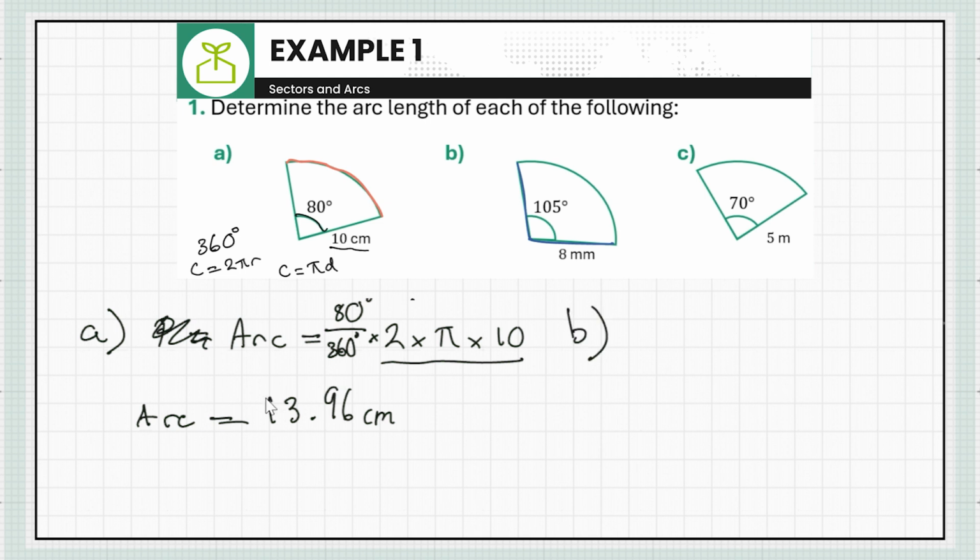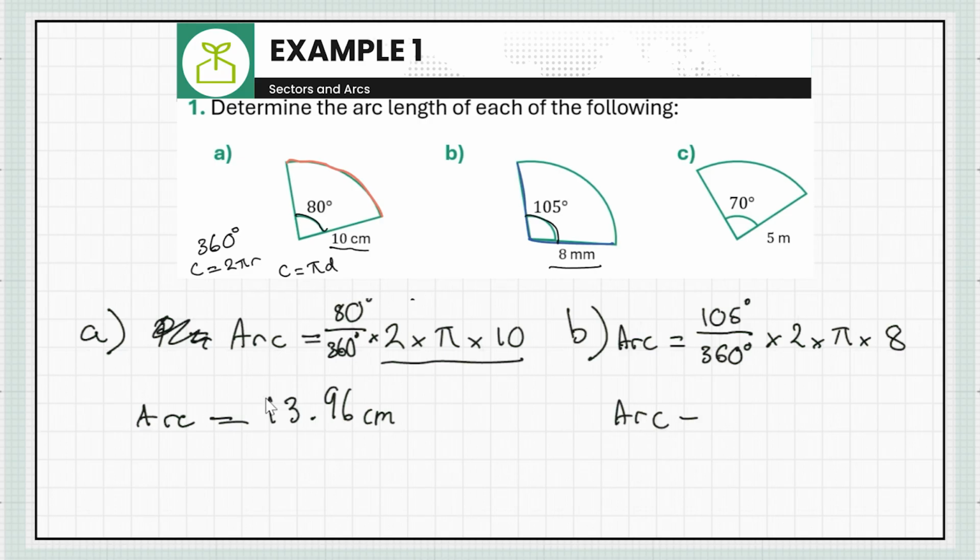Alright, let's do B. Again, we're determining our arc length, and that's going to be equal to the fraction of the angle divided by the total angle of a circle. So first put in 105 degrees divided by the total angle sum of a circle, and then we just multiply by the formula for the circumference of a circle: 2 multiplied by pi multiplied by our radius, which in this case is 8 millimeters.